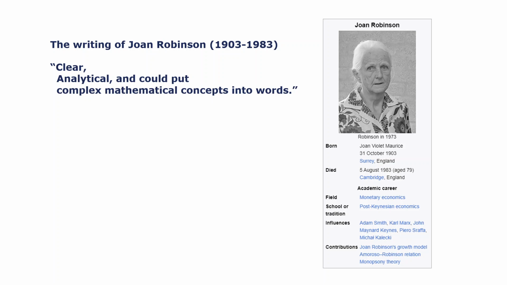It was said of Joan Robinson that she wrote clearly, that she was very analytical, and she could put complex mathematical concepts into words. That's harder than it sounds. Indeed, a lot of her writings are things that we still refer to.